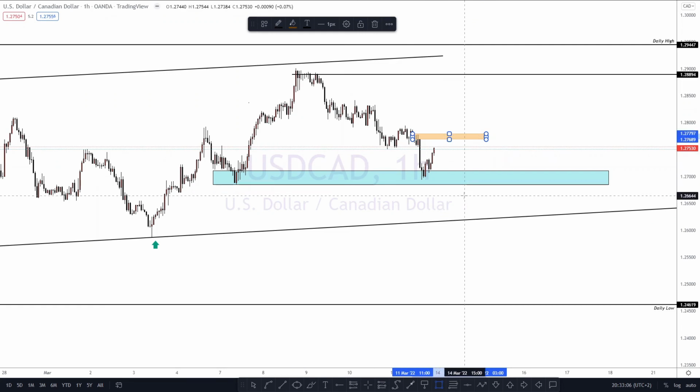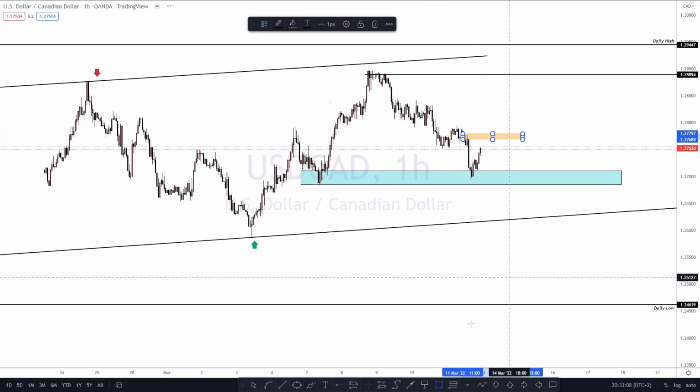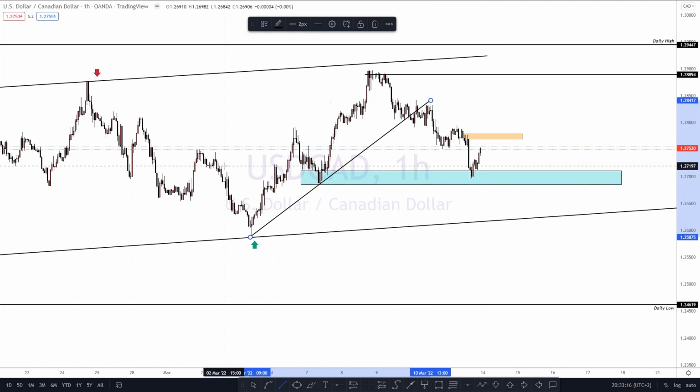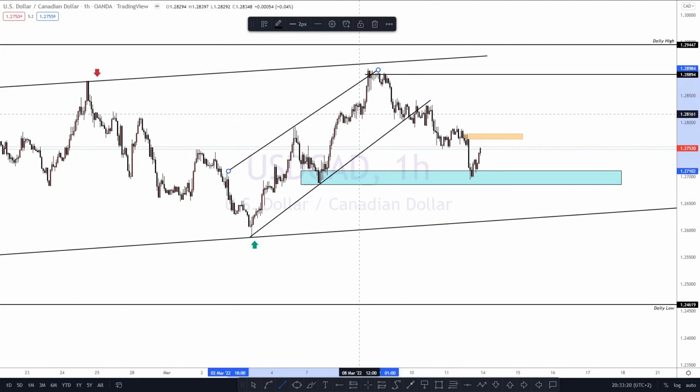If price breaks above that, then it would make sense to continue to the upside. But if it rejects and breaks here, then you could see price continue to the downside, because the first analysis that we had was with CAD JPY, or USD, I meant to say. It was this, where price broke below this higher low and dropped to the downside.